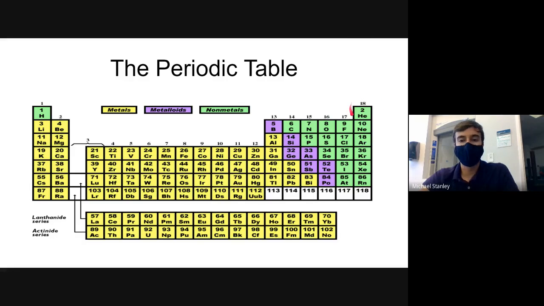There's some that you might be familiar with. So there's helium, like what goes into party balloons. There's carbon, the stuff that we and animals and plants are made out of. There's oxygen, like the stuff we breathe. There's things like aluminum and zinc, and this one right here is gold, and silver is up here.